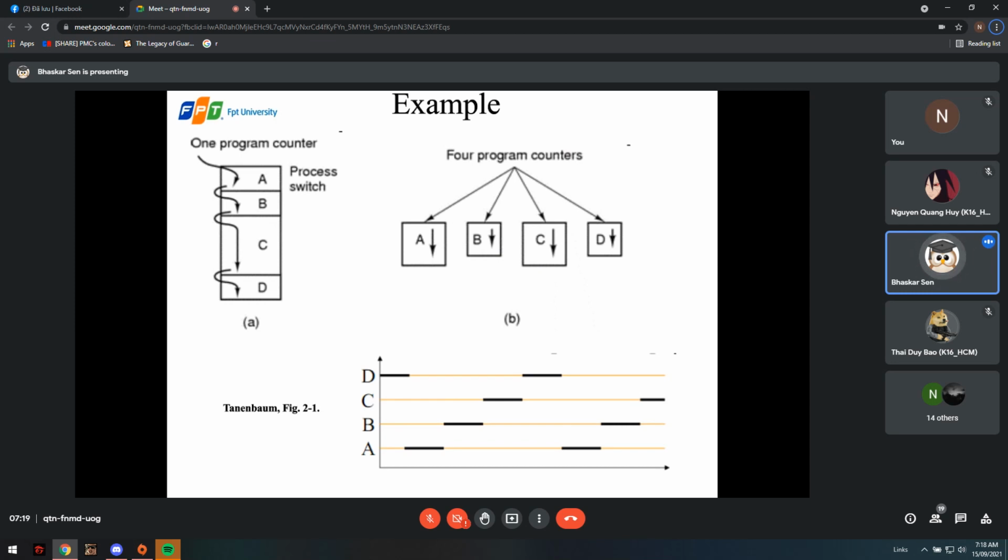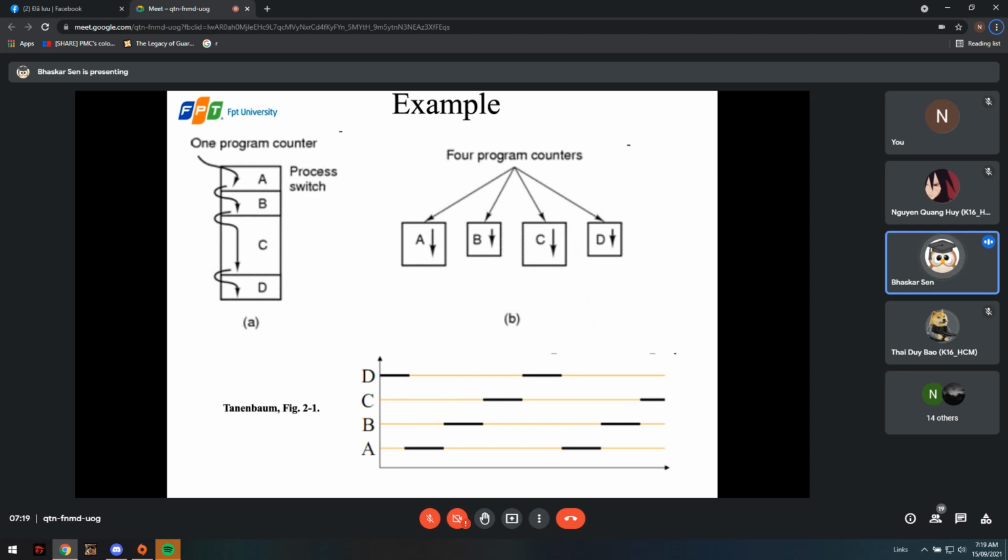That's our impression. That's what we believe they are doing. So we have this person, the user, standing outside. Just imagine yourself outside the system, looking at your computer screen, and you start believing that your A, B, C, D, these four processes that you have started, are running parallel to each other.